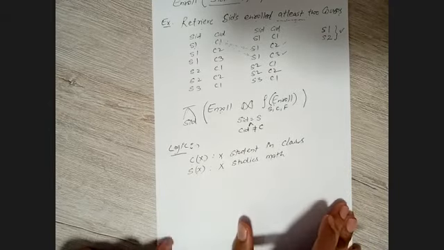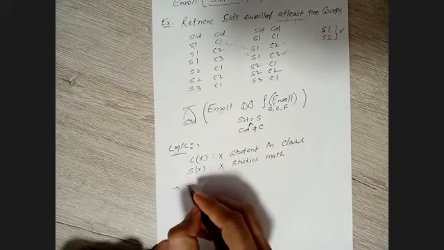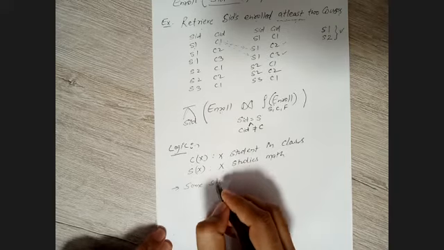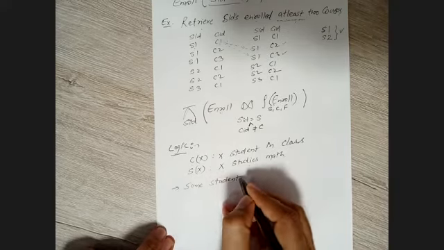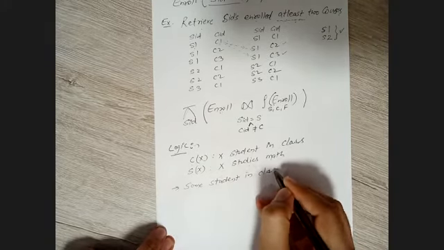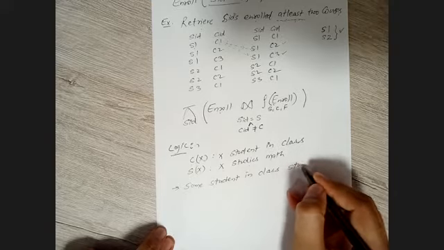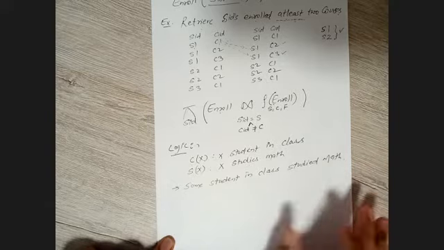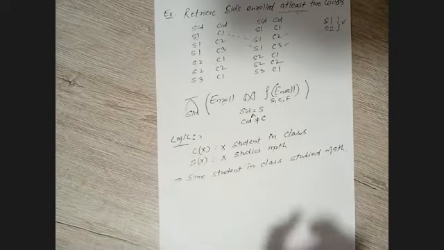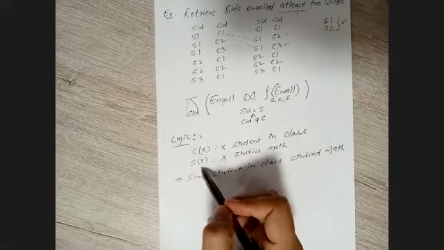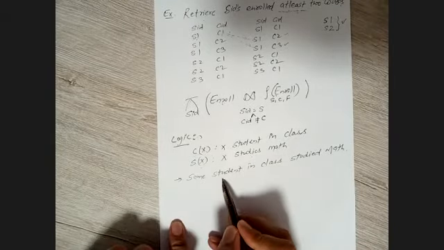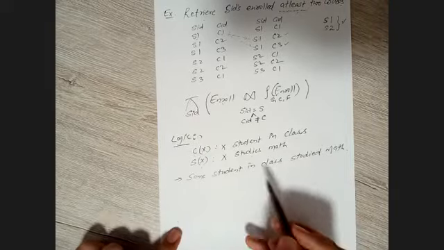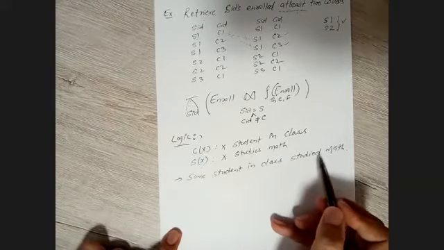If I'm writing a query like 'some student in class studied maths,' how will I write this statement in a mathematical logical way? Here, there exists some student in the class who is studying mathematics.